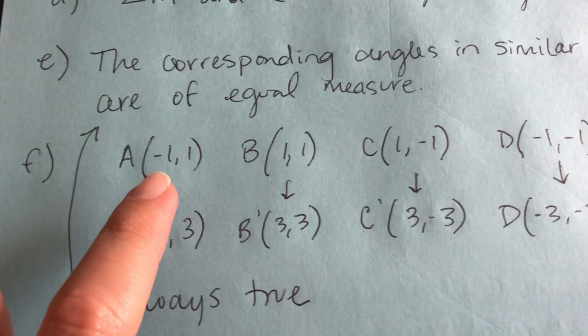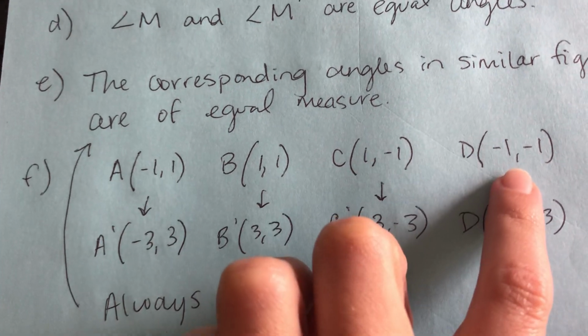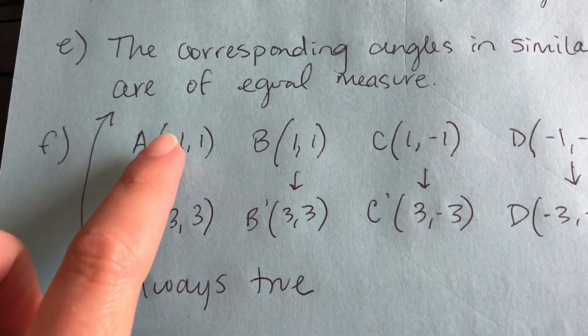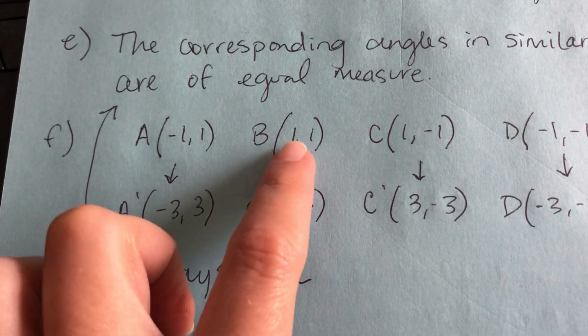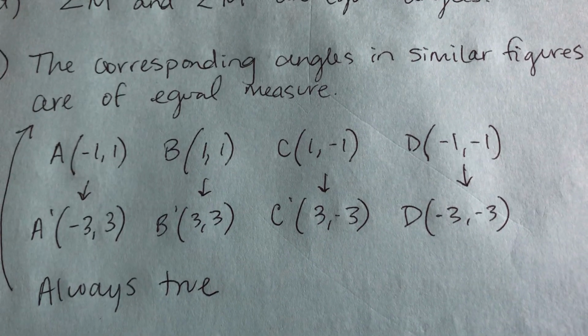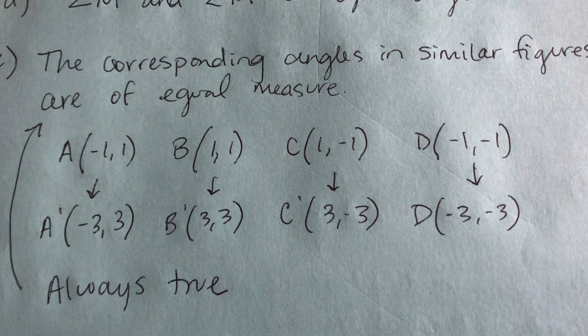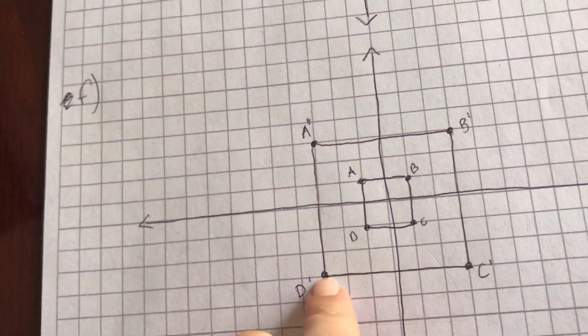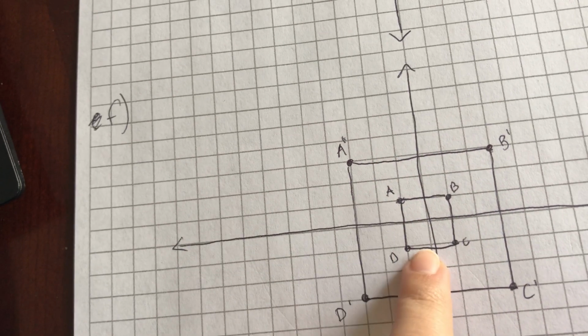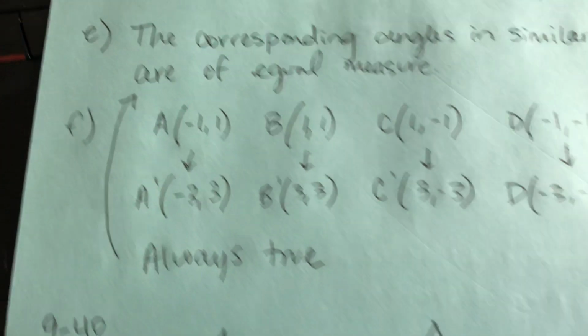So here are my original coordinates for A, B, C, and D, and then I multiplied each one by 3 to scale it times 3. So this square is 3 times as big as this square. Okay, and all my coordinates match up.